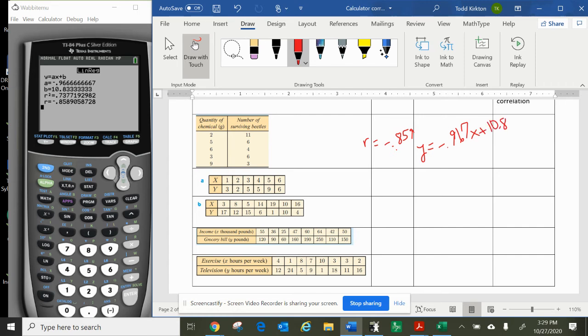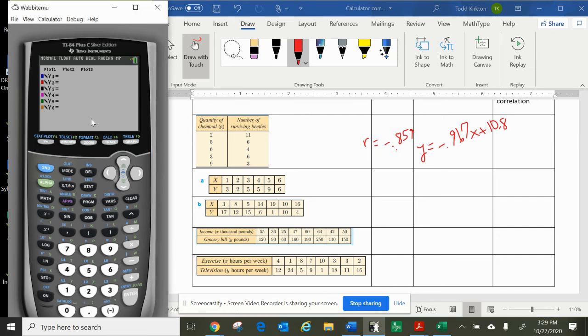So if you went and did a scatter plot of these values like we did before, you can actually graph a line. You can type in on the y equals this equation, negative 0.967x plus 10.8.